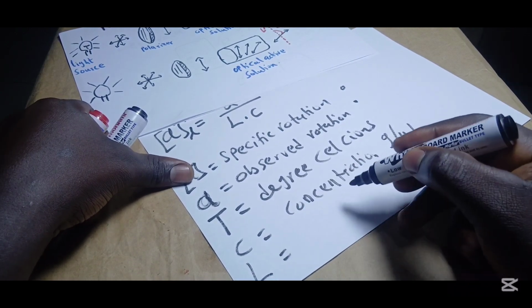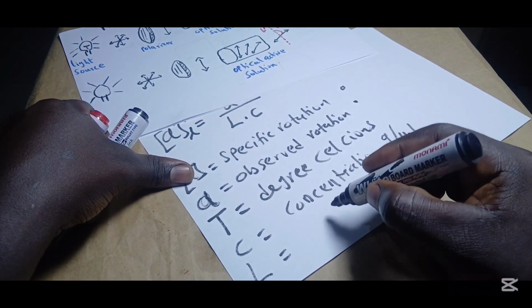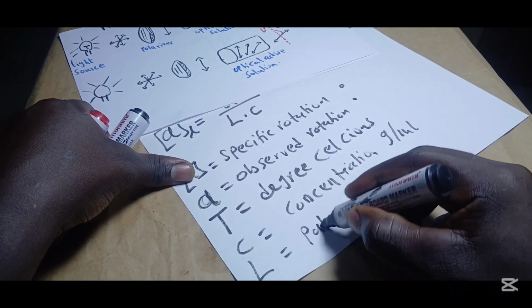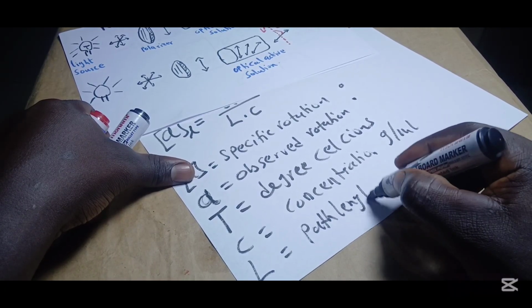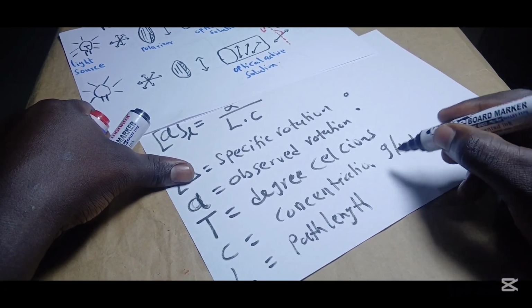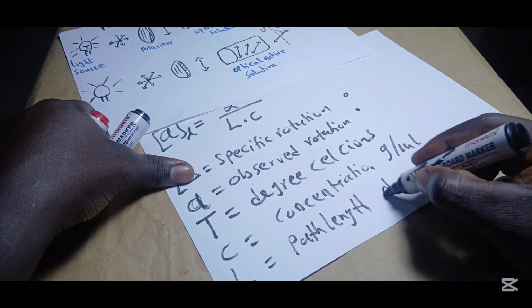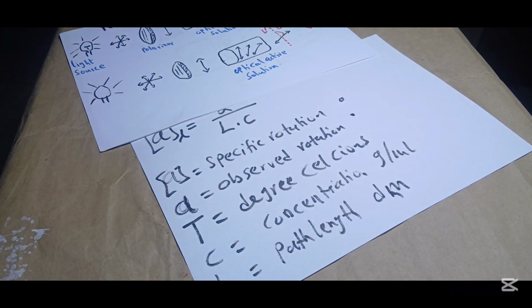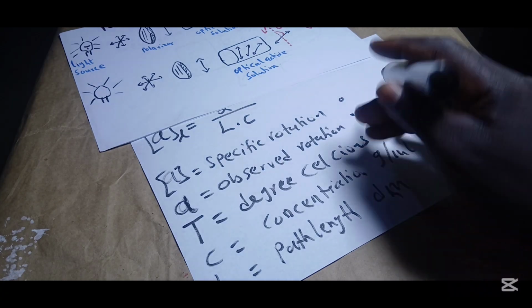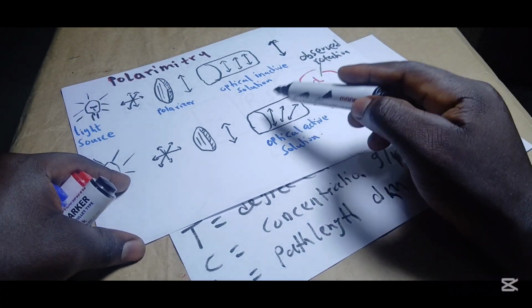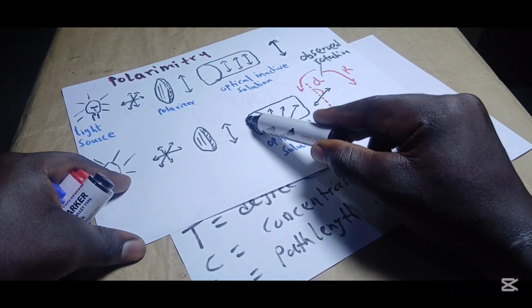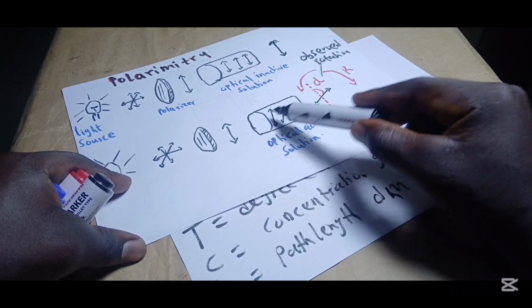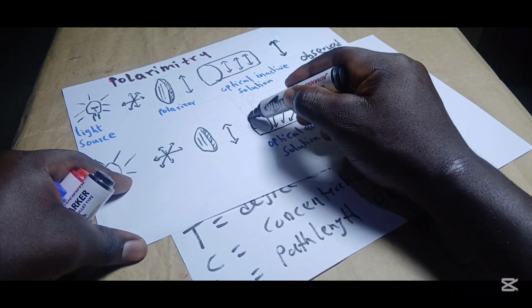L is the path length, and is measured in decimeter. The path length is usually the length through which the polarized light passes through the solution.